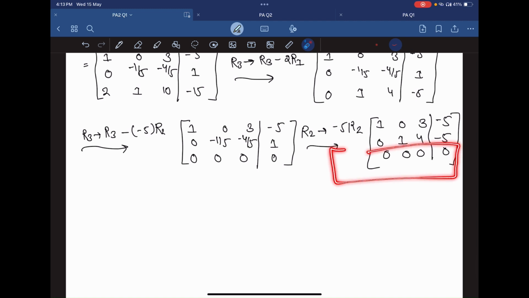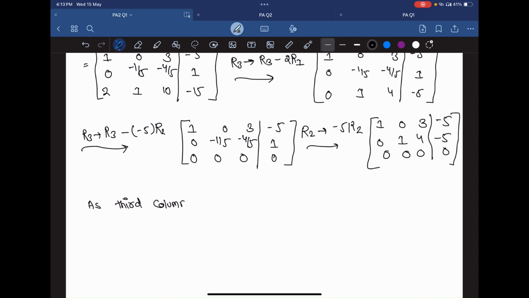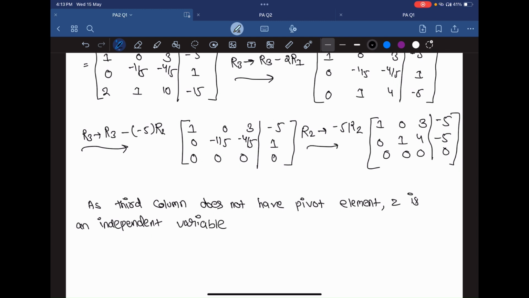And also we got 0 here. So as the third column does not have a pivot element, z is an independent variable, and hence the system will have infinitely many solutions.